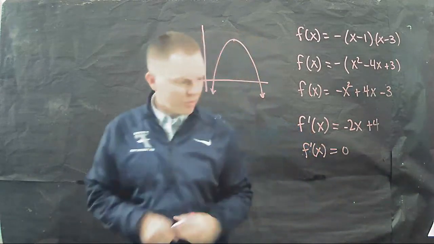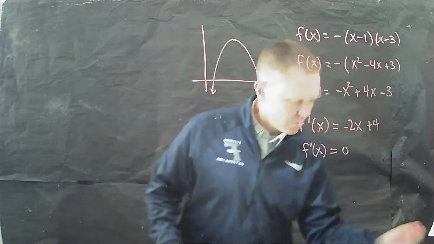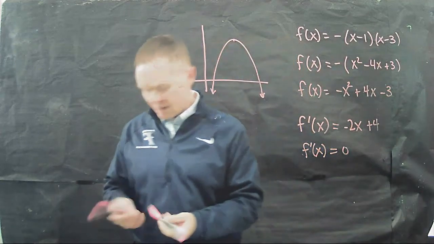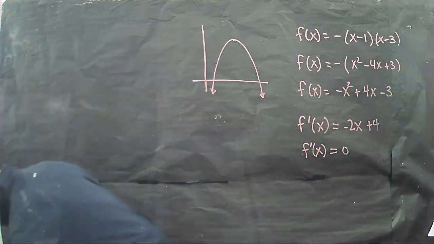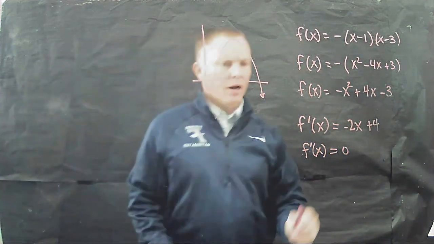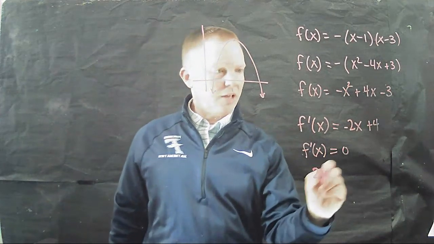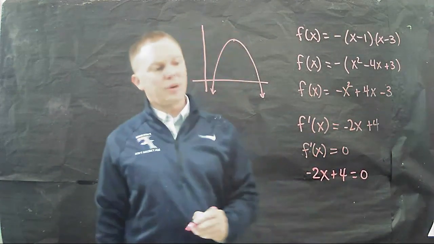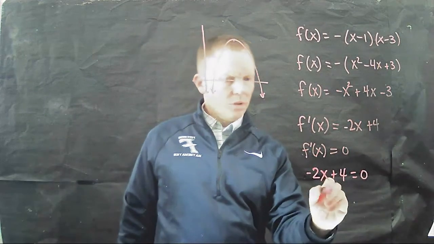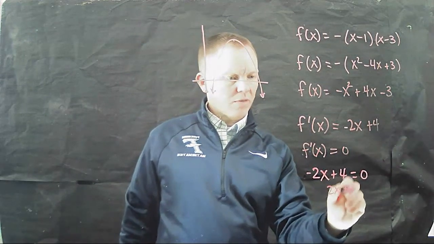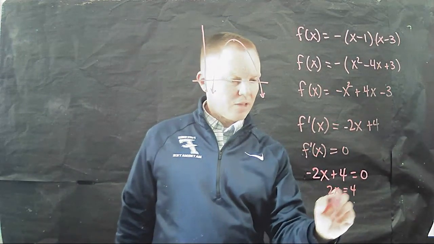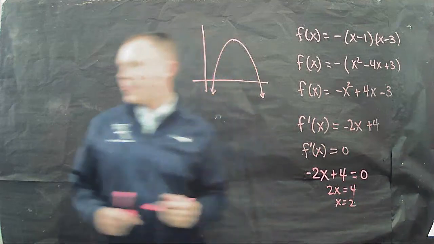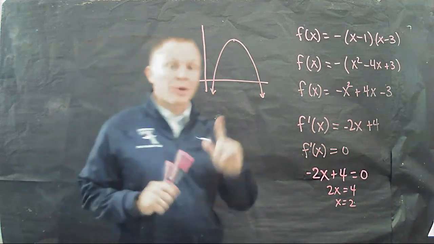Negative 2x plus 4 equals 0. And so, what is that? 2x equals 4 after I divide by the negative, so x equals 2, right? So that's my critical value.